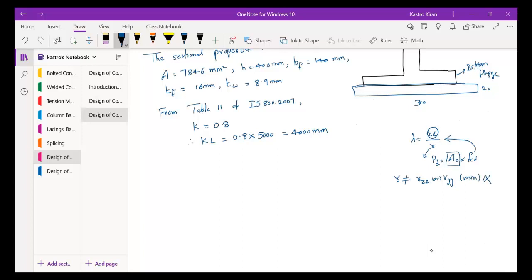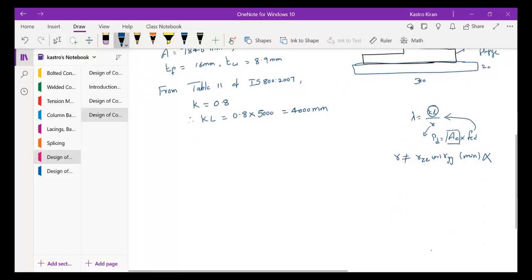So this process cannot be followed in the built up sections. Taking r equals the minimum of rzz and ryy is applicable only for a single section.